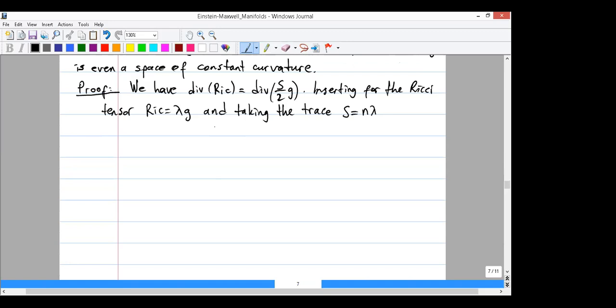Then apply this in this divergence equation. Here, instead of Ricci, I'm using lambda g by definition.